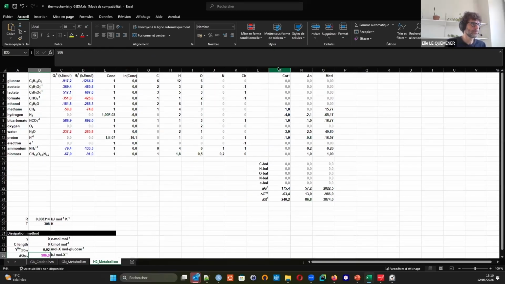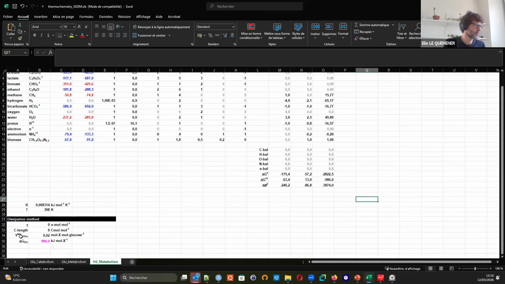And then we do the same. Here it's already written, but we write the catabolism, we write some anabolism. It's not a true anabolism, but we don't care. And then this column is a linear combination of these two, and we want that to obtain this final energy. From that, we compute the yield, and in that case, it's 0.02 mol.